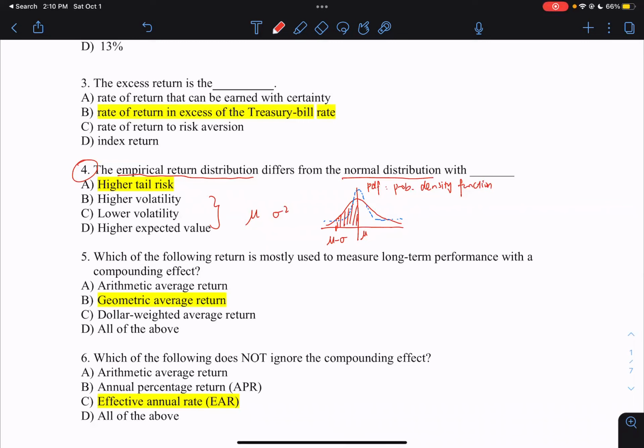So the probability itself is not the curve itself, it's the area of the shaded region under the curve.